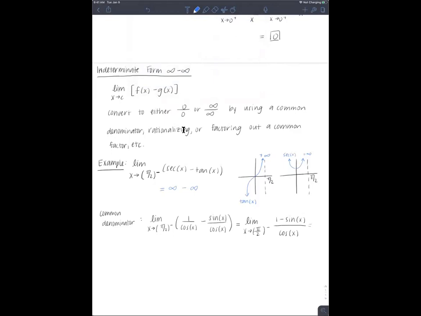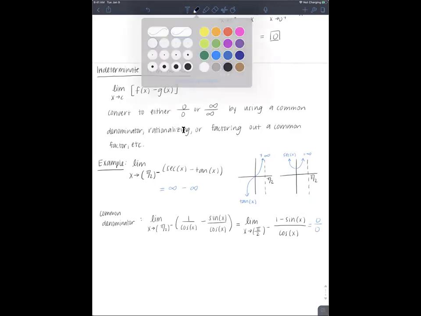What is sine of pi over 2? Yeah, it's 1. Cosine of pi over 2 is 0. That's why we have an asymptote on the graph of secant at pi over 2. And so what I'm getting here is 0 over 0. And now, what can I do with this?